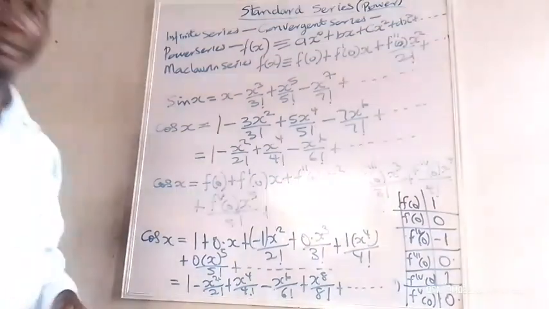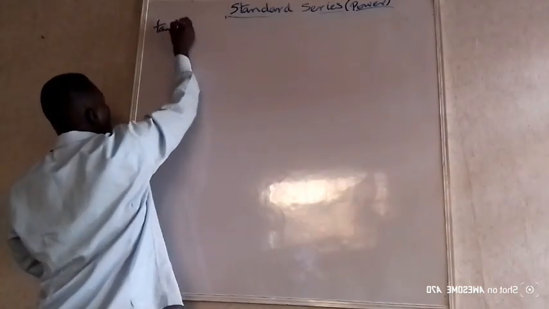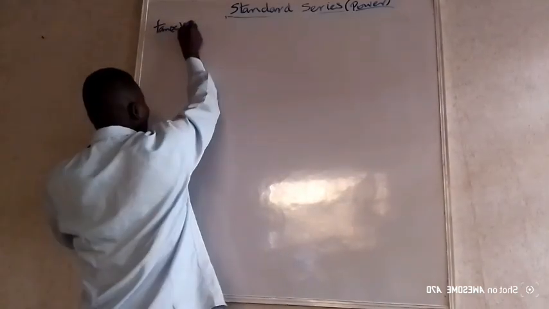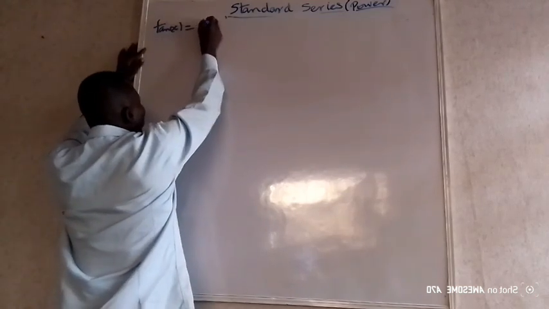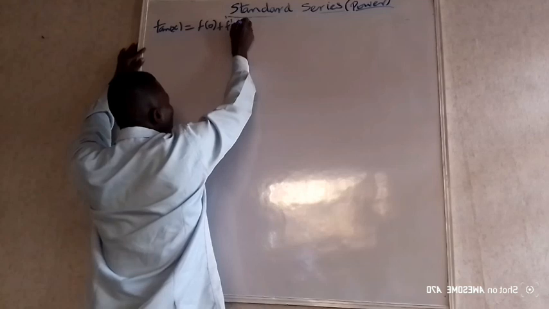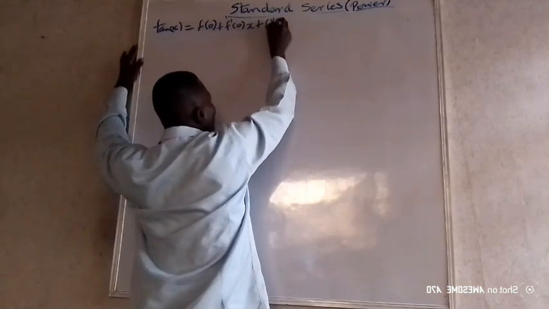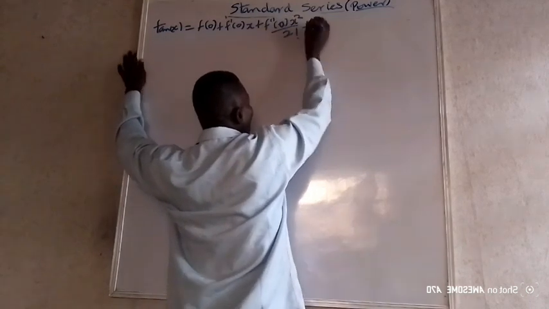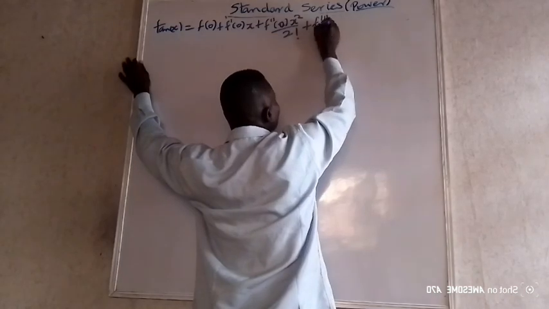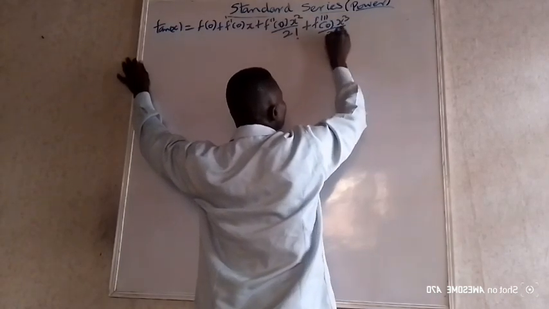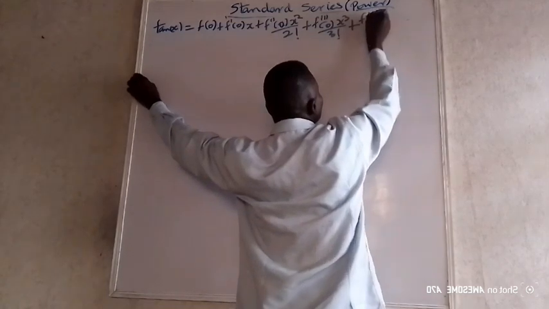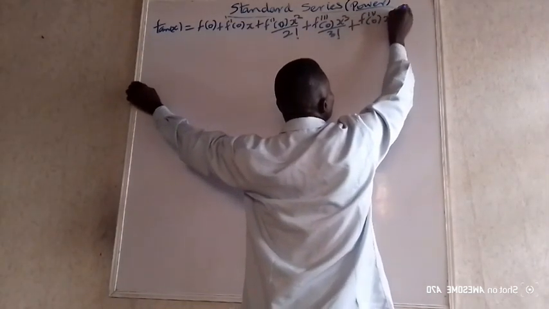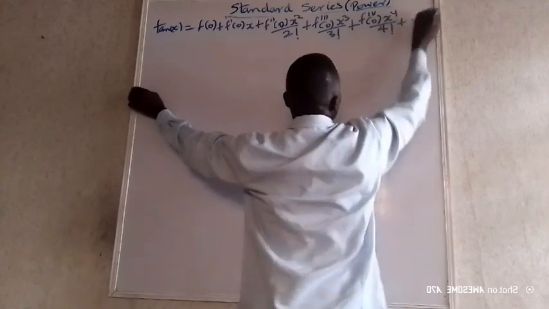That will be tan x. Now let's find the expression for tan x. So using Maclaurin, we can say this will be f(0) plus f'(0)x and so on, so we need to find the f(0)s.